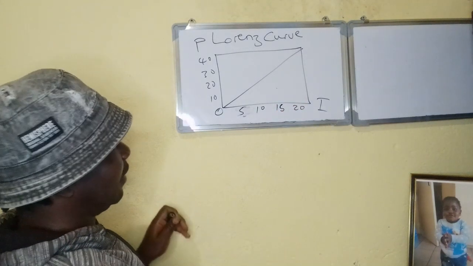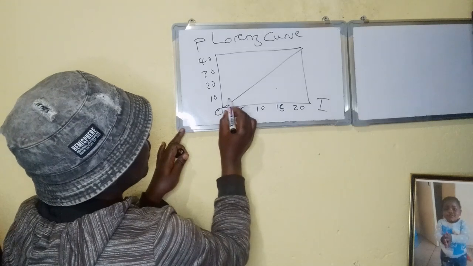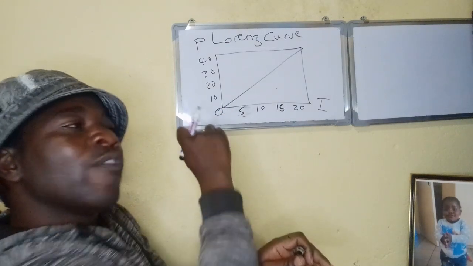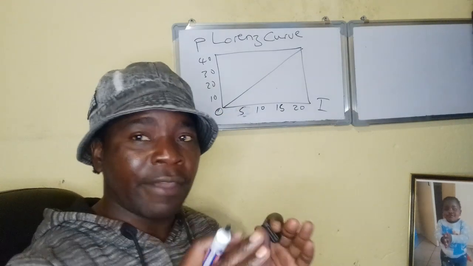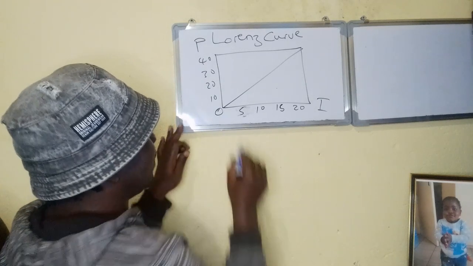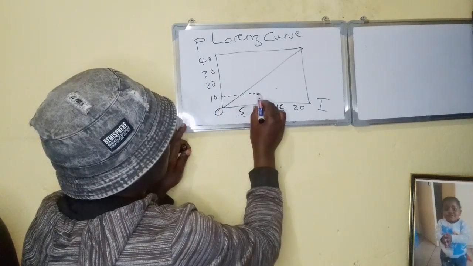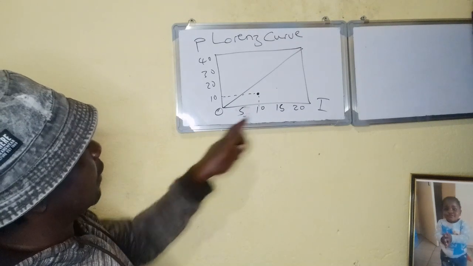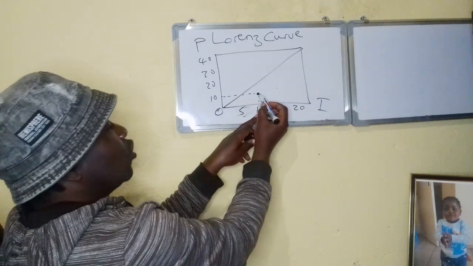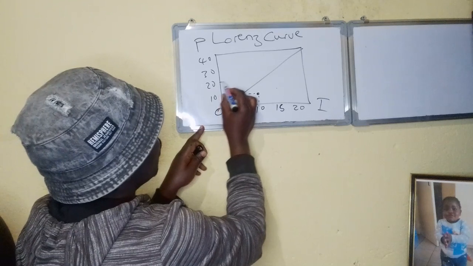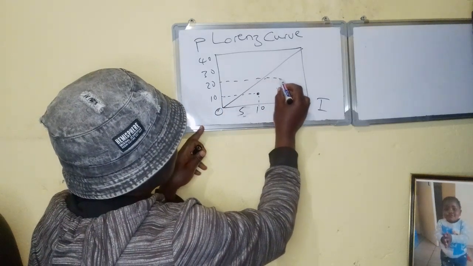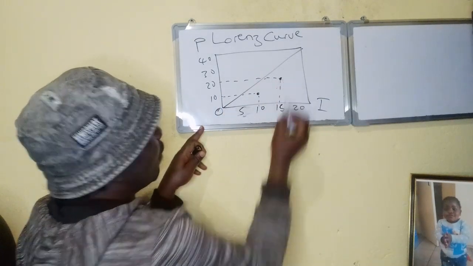What then happens here is that, based on the columns and the tables that you will be given as to which one goes with which, if 10% of the population takes 10% of income, your dot will be here. And then if 20% takes 15%, you will have your dot here.